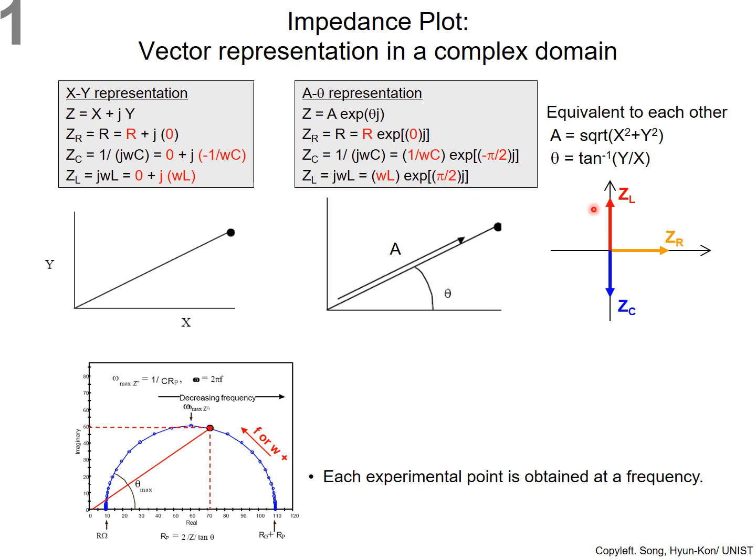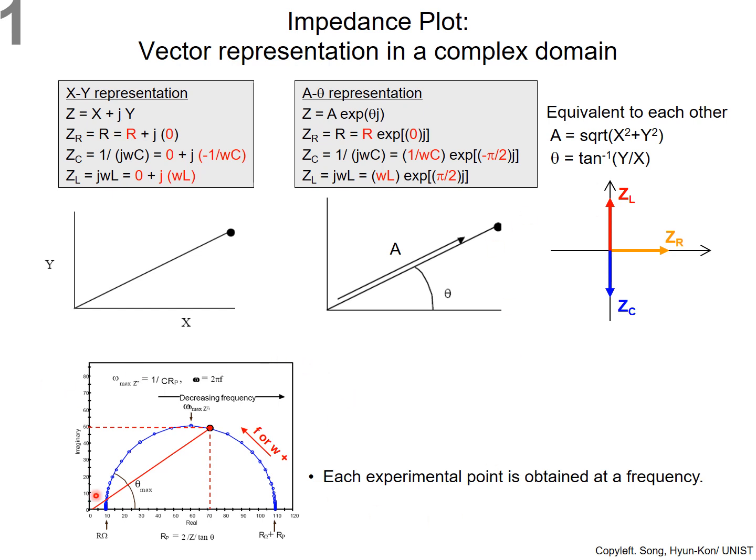Then, of course, in the same way, you could find the data point on the positive y-axis. So right now you should recognize that we have three different basis vectors, which are the resistor, capacitor, and inductor vectors. By combining those three basis vectors, you could represent any point in the complex domain.